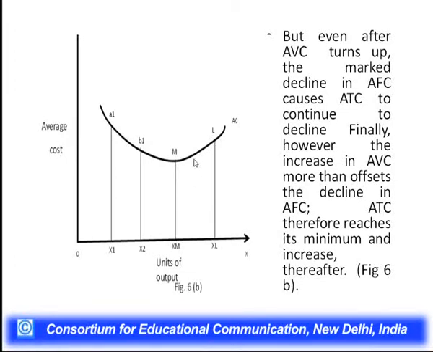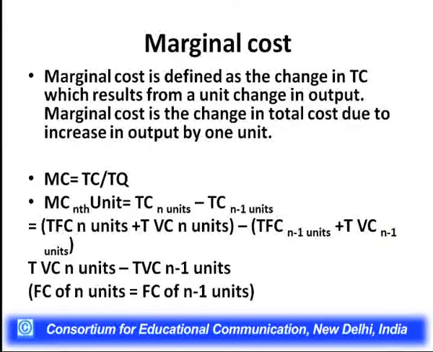AVC is rising at a higher speed, AFC is declining, but the rise in AVC offsets the decline in AFC. So average cost goes on increasing. So we find that average cost is of U shape.